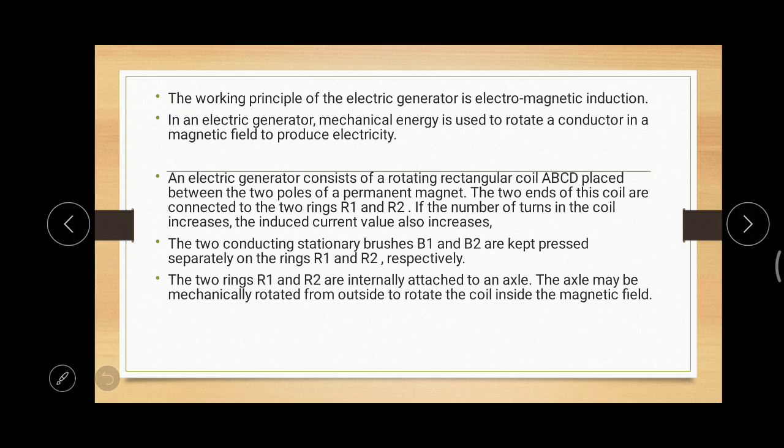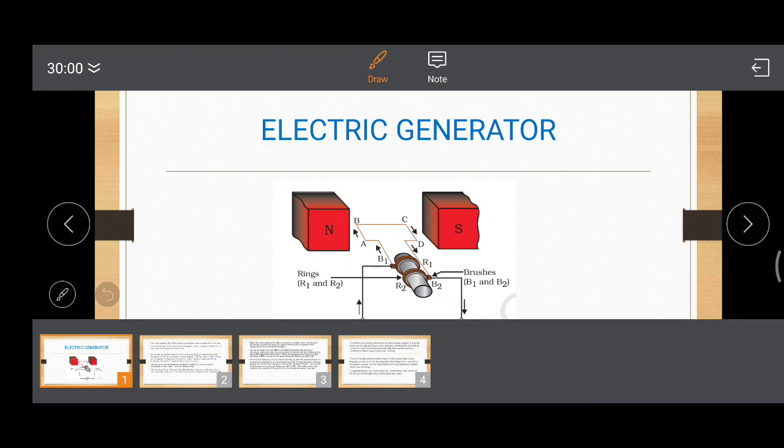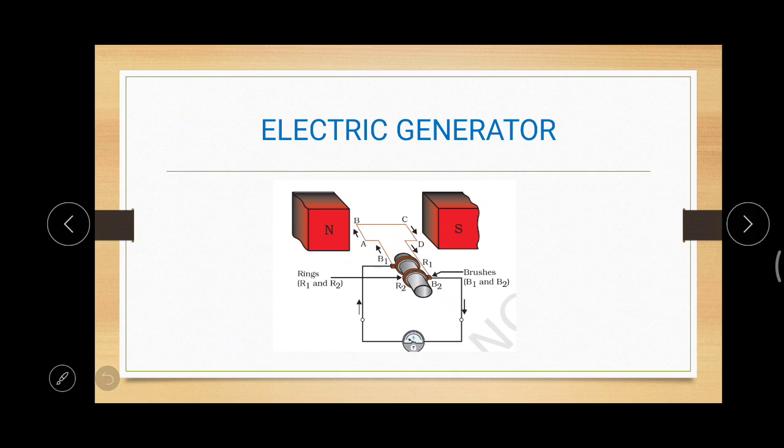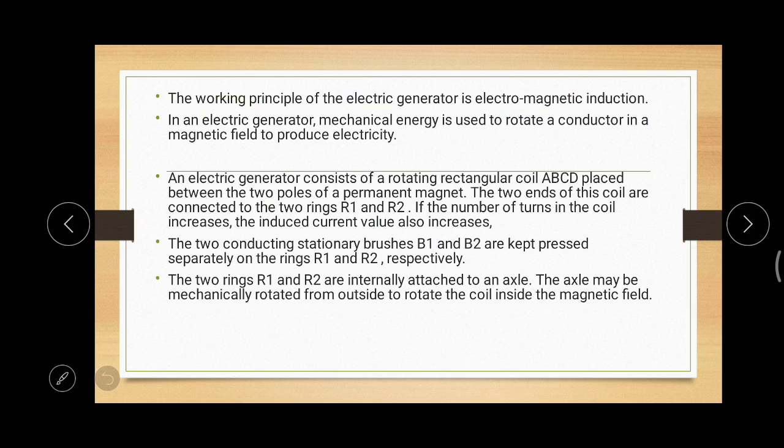An electric generator consists of a rotating rectangular coil ABCD. Here you can see the coil A, B, C, D. This ABCD is placed in between two poles of a permanent magnet.